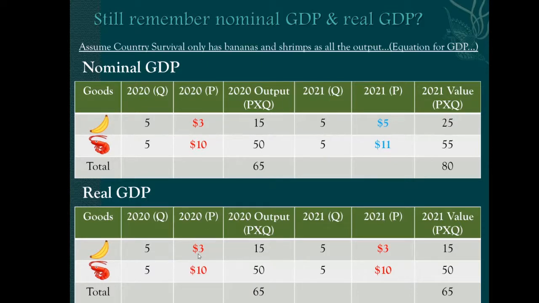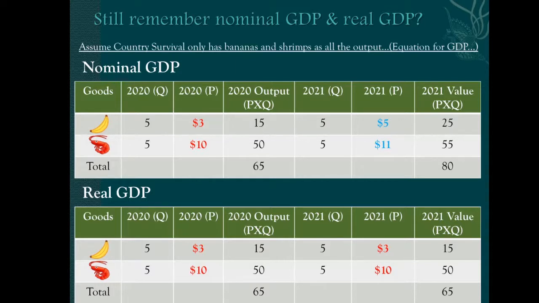So let's say 2020 is the base year. No matter whether they go towards 2021, 2022 or 2023, they use the same benchmark prices to show a constant price level. That's how you pull the inflation out of the nominal GDP.